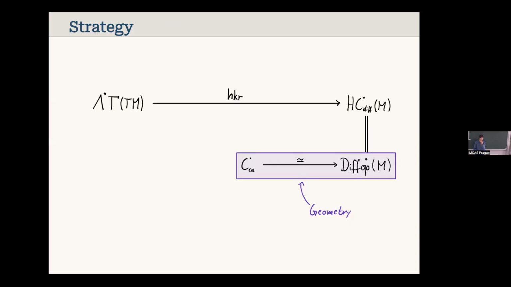So here we hide all of our geometry. And then on the left-hand side, we first just give the multi-vector fields a new name. We call it the Chevalley-Eilenberg complex because you can interpret it in this way. And then we want to connect this coalgebra complex and this Chevalley-Eilenberg complex by a double complex, which we call the Van Est double complex.